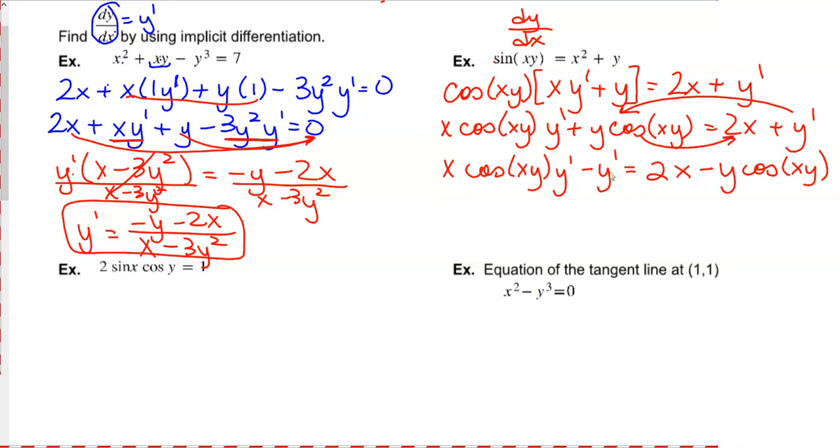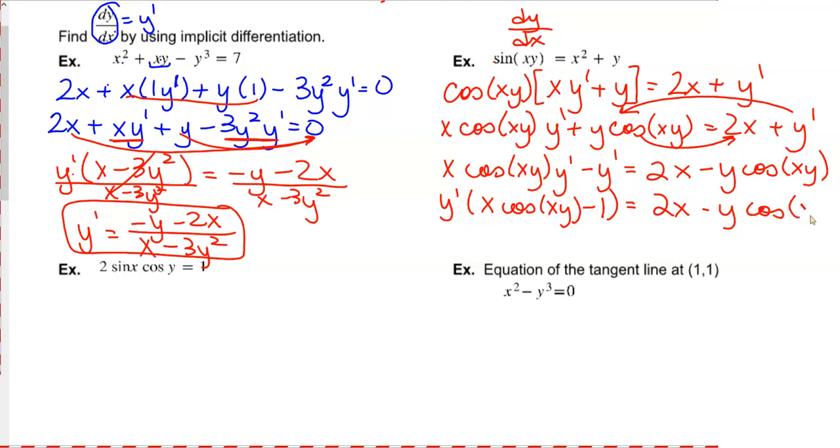So at this point, now that the y primes are on one side, I'm going to factor out a y prime and be left with x cosine of xy. When I take that y prime away, then I'm just left with these two terms, minus, if I take all of that out, I'm minusing a 1, is equal to nothing changes on the right side.